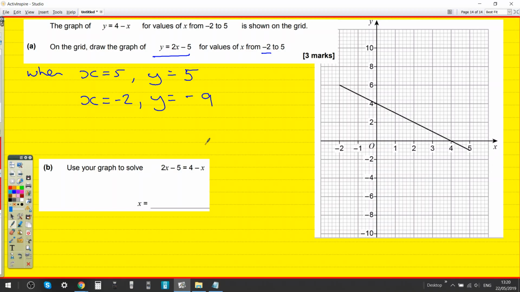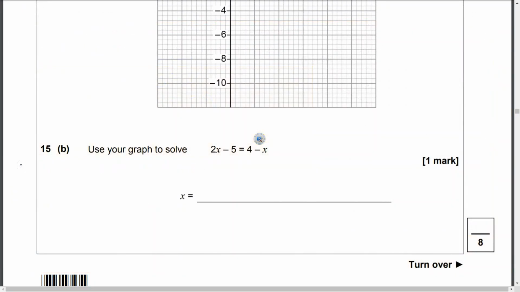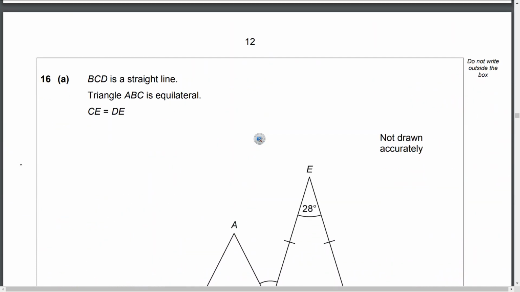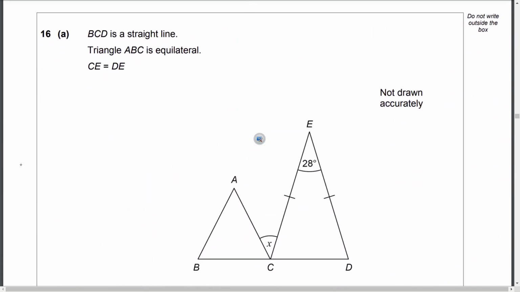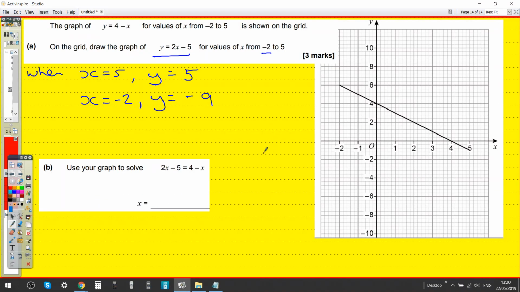So we start with x first, so it's 5 along. Mm-hmm. 5 along, and then we're going up 5. Oh, sorry. 5 along and up 5. So it's going to be halfway between 4 and 6.